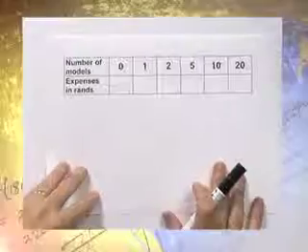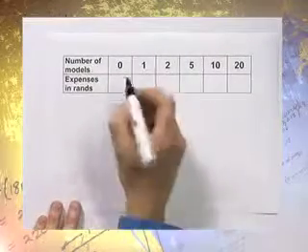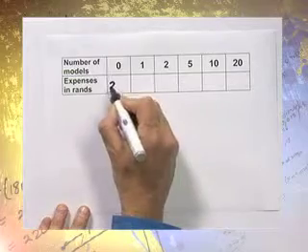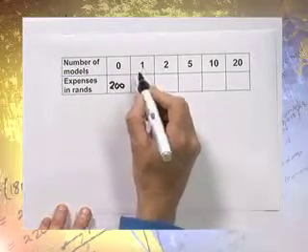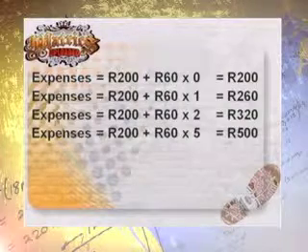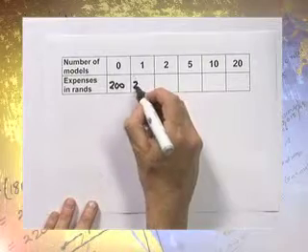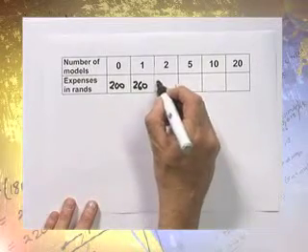So let's have a look here. I'm going to go to a sheet of paper quickly. Now have a look at the number of models. His expenses for no models was 200 Rand. If we go back to the slide, for 1 model it is 260. So let's go back to the sheet of paper, 260, and fill in all the information.